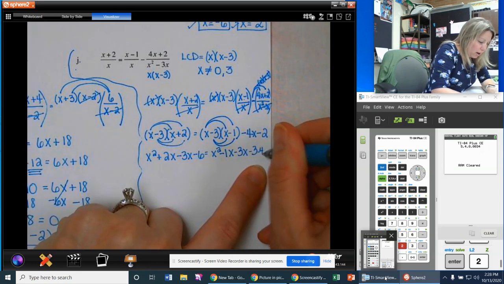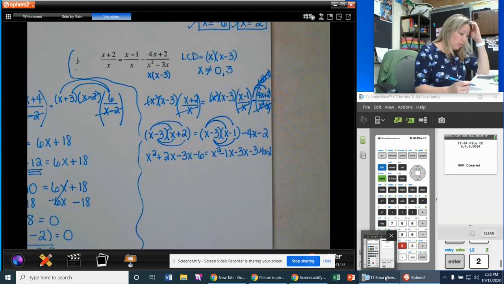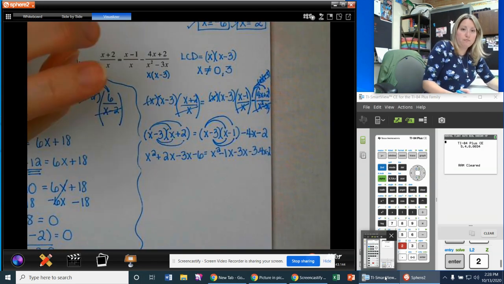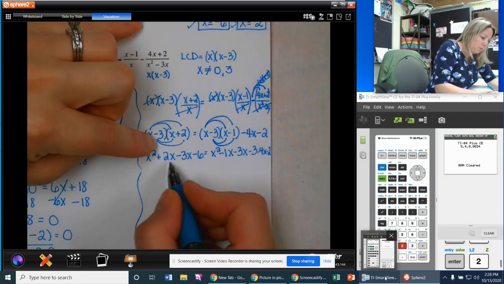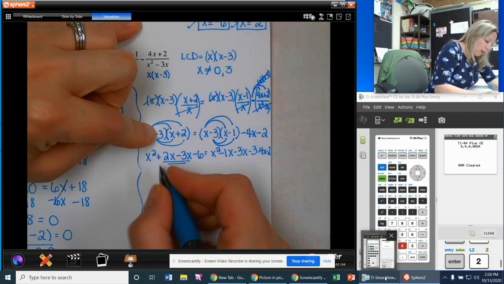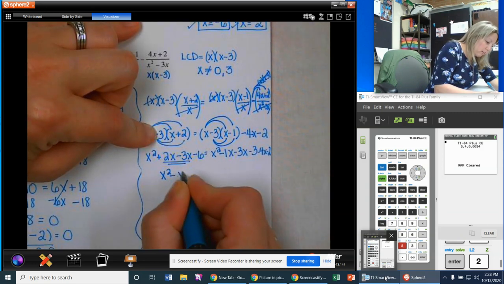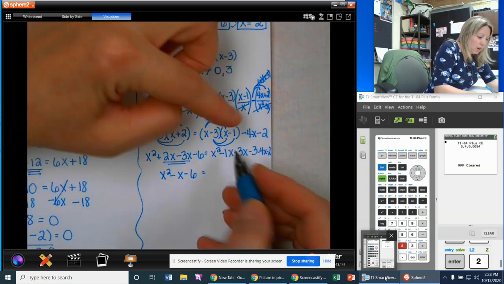Bring down your minus 4x, bring down your minus 2. Combine like terms. On the same side of the equal sign, these two add up to a negative x. So x squared minus x minus 6 equals.